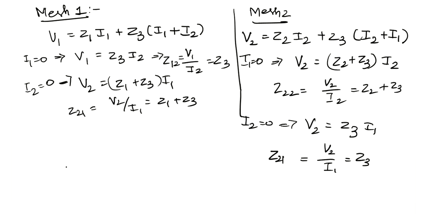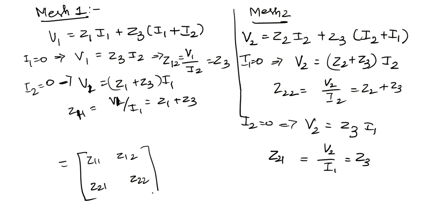So we are getting all four. Right? Sorry, it is V1 by I1, Z11. Clear? So, Z11, Z12, Z21, Z22.